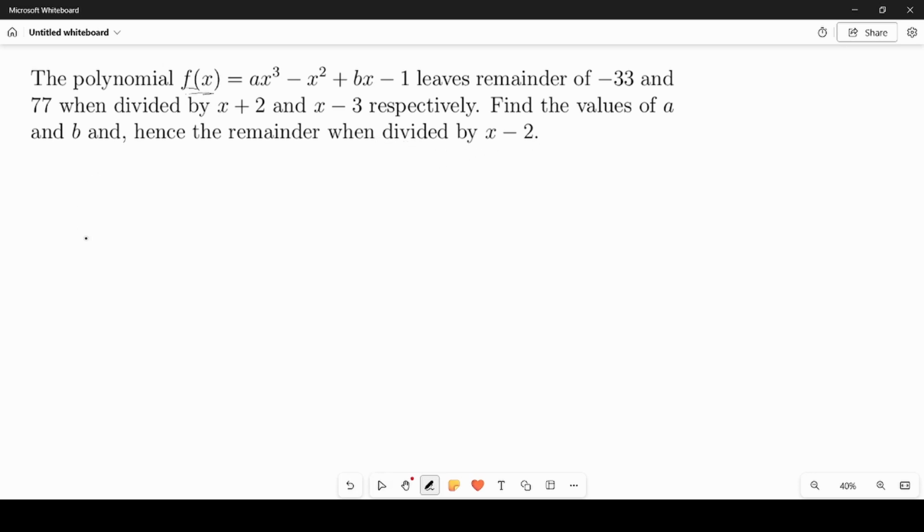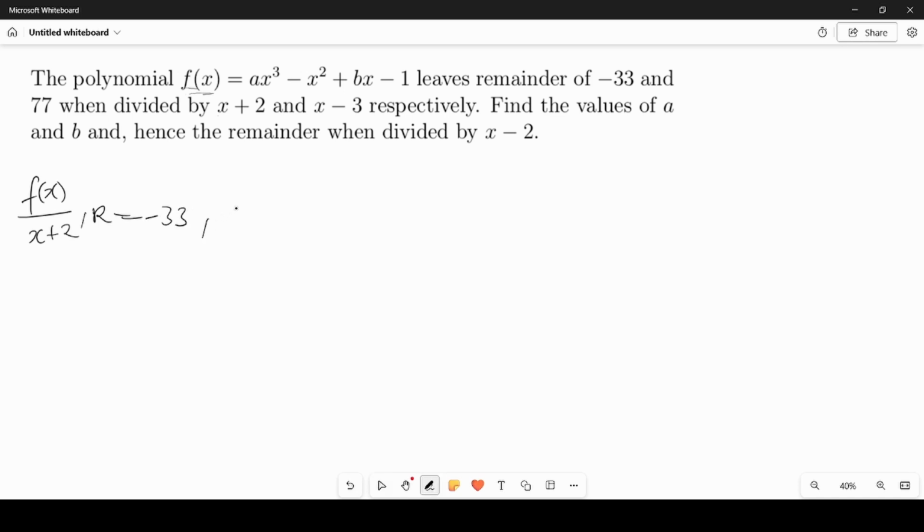Okay, so let's find the values of a and b. So what we're given is that when we divide f of x by x plus 2, the remainder is minus 33.